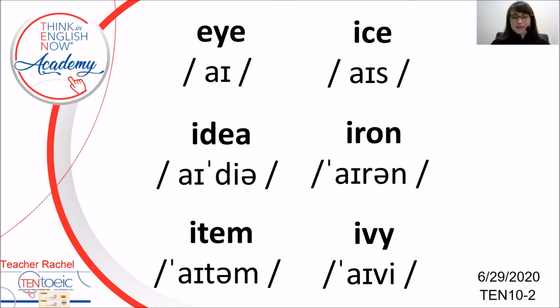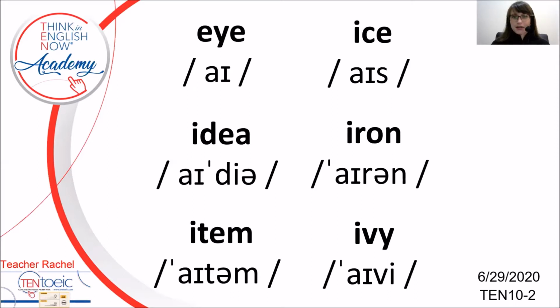That's ice. Idea. This is a noun. And similar to the word thought, it's something that happens in our brain. That's a thought. So if we have an idea, it's kind of like a little light bulb goes off in our brain. Some new thought that we have to do something.